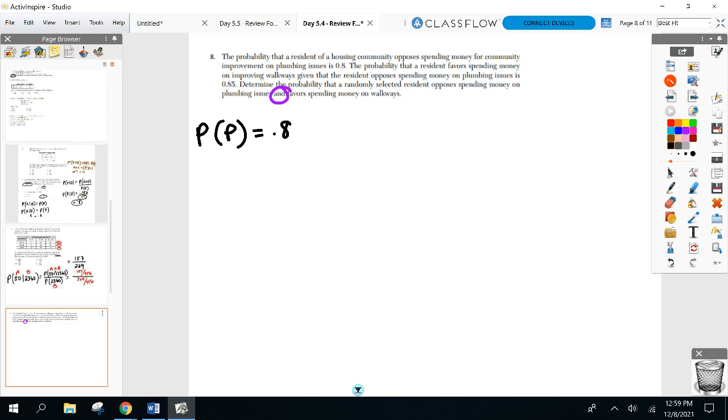Doesn't it say on improving walkways, given that the residents oppose spending money? I'm not there yet. I just said we're going through right now and describing what 0.8 and 0.85 means. All 0.8 means is you favor plumbing. No given yet, right? Oh, yeah. That's my question though, right?